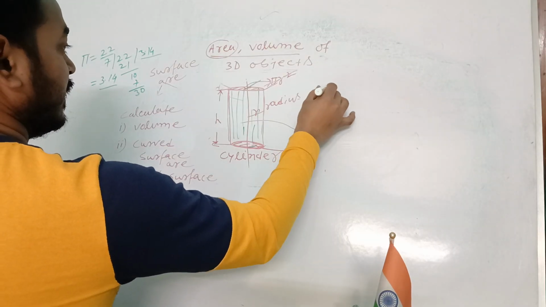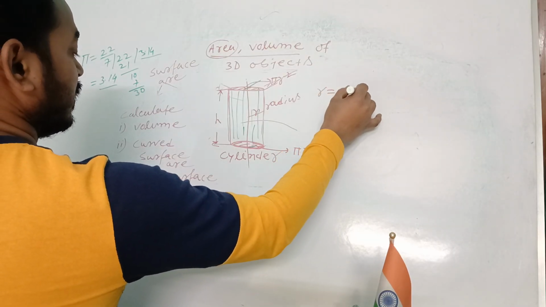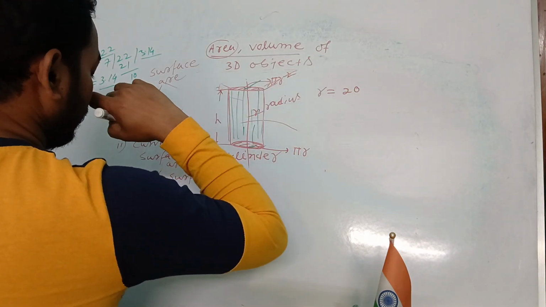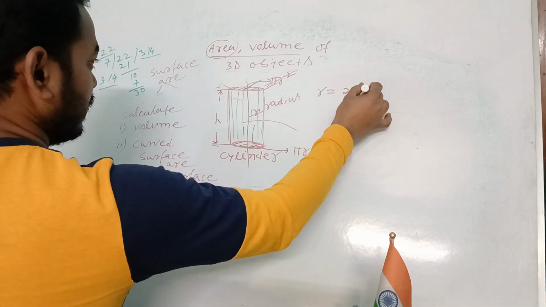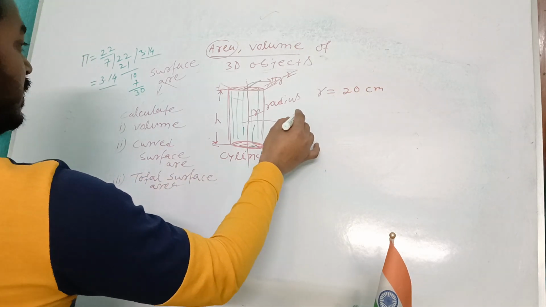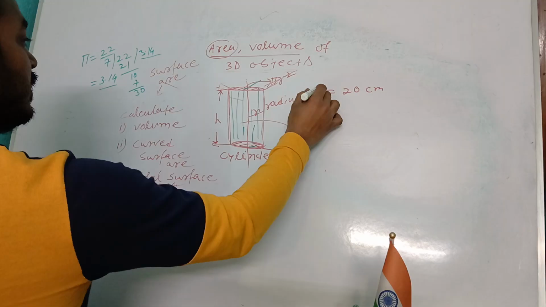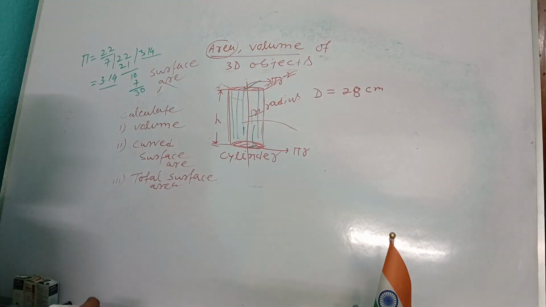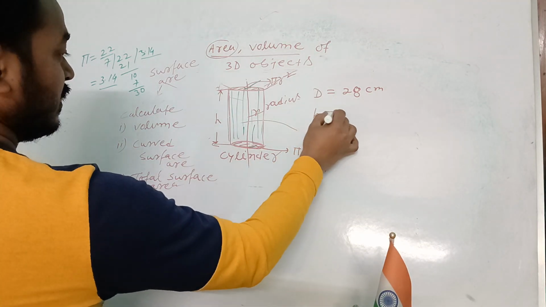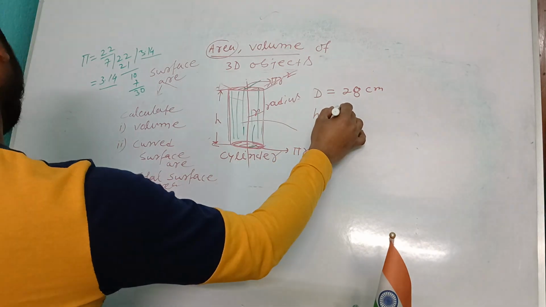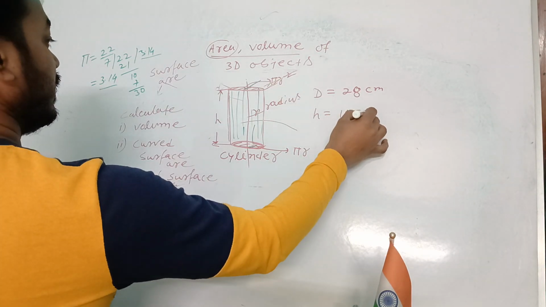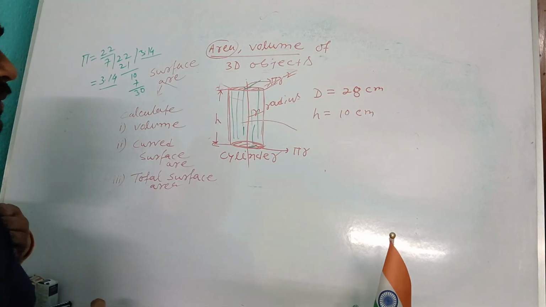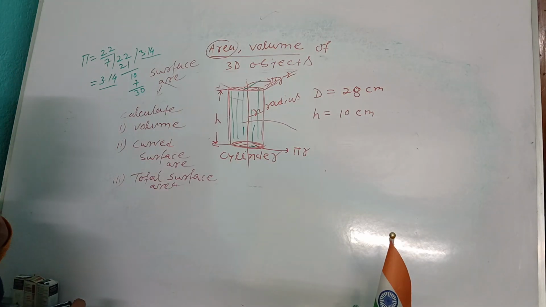For example, if the diameter is given as 28 centimeter and the height is given as 10 centimeter, this much is given.